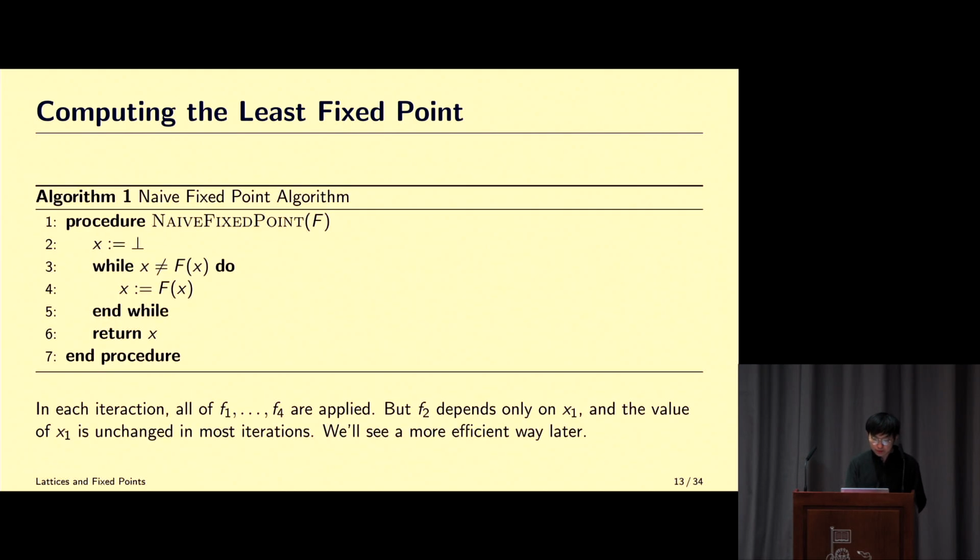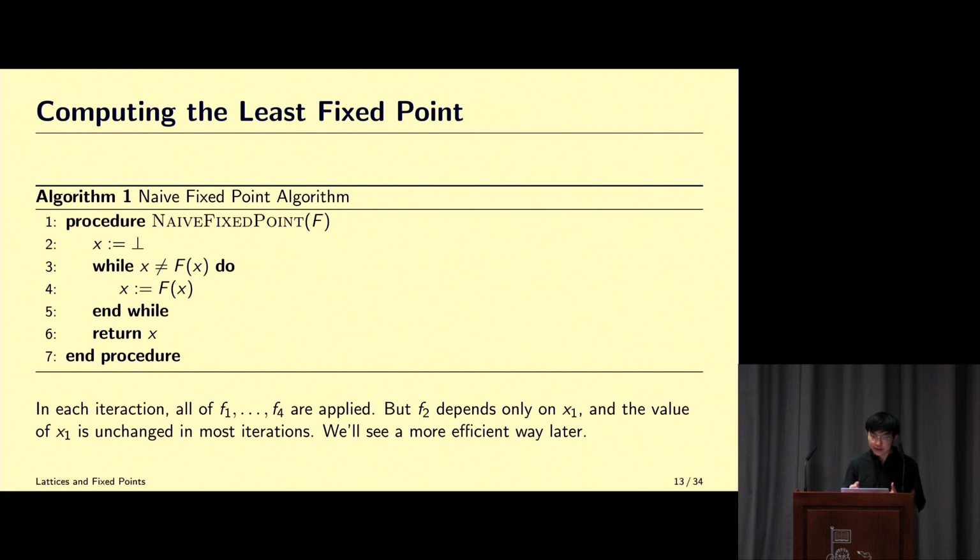So by the definition of fixed points, you have an algorithm for solving these sorts of equations, right? By definition, something is a fixed point when it doesn't change when you apply the function again. So just by definition, this is the algorithm for finding the least fixed point.